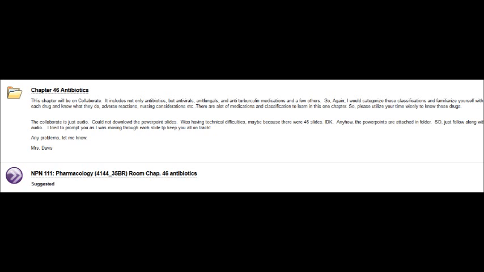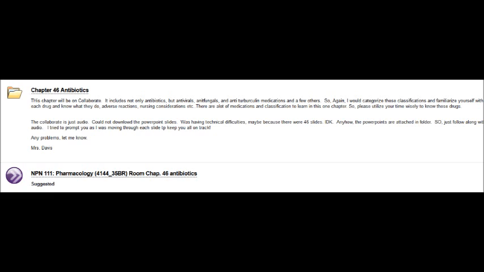It's used to treat TB, in combination with other antimicrobial agents to prevent resistance of organisms. Common adverse effects of ethambutol are nausea and vomiting, anorexia, and abdominal cramps. Serious adverse effects are confusion, hallucination, blurred vision, as well as red-green vision changes. So you need to monitor for that.